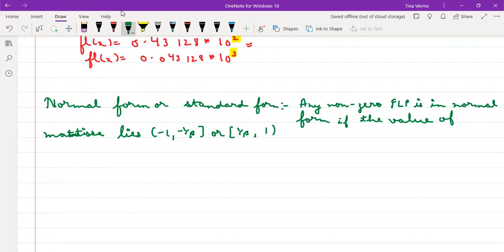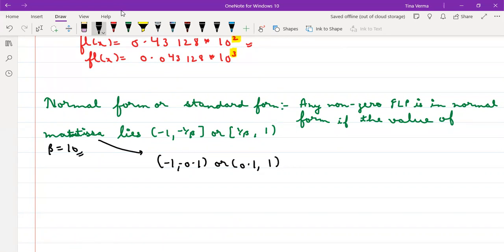That means if we are considering the base as 10, for the decimal representation, my mantissa should lie between -1 to -0.1, or it should lie between 0.1 to 1.